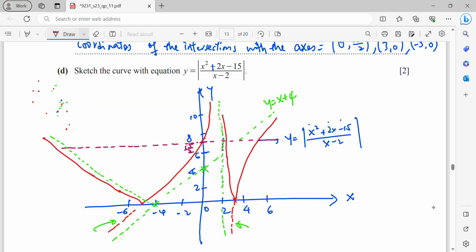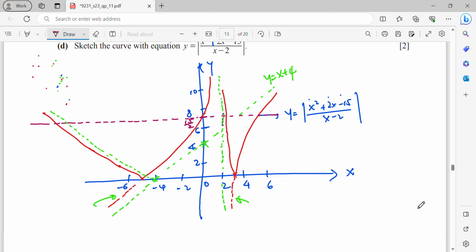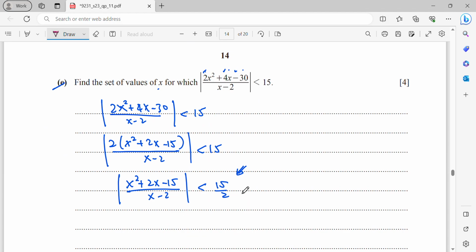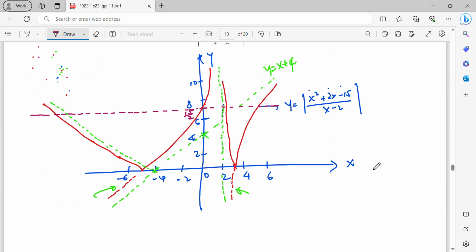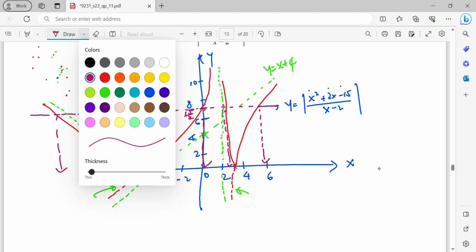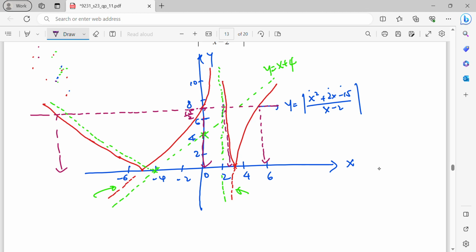So obviously from the graph, to get this inequality less than 15/2, my answer will be, okay, between these 2 points, because the graph is below the purple line, and the same for these points, which means now I need to find 4 intersection points. For your information, this is the original graph, y equals x squared plus 2x minus 15 over x minus 2.